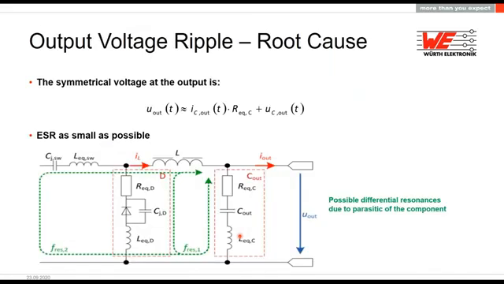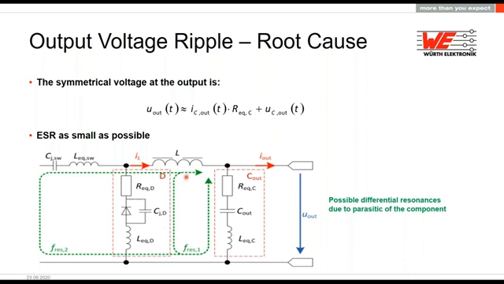Where does this ripple come from? You can also do the mathematical equation to calculate it and see where it comes from. So here is the output capacitor. You also have your ESR and your ESL. Here's the loop from the rectification and the switching.